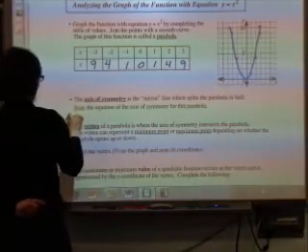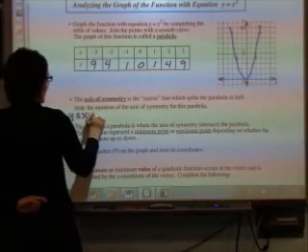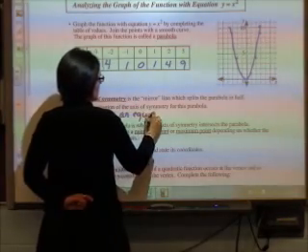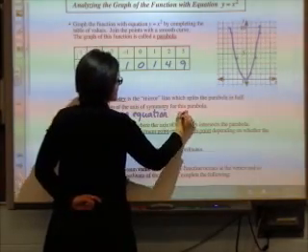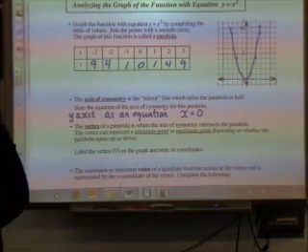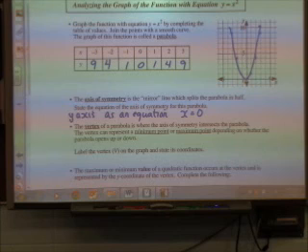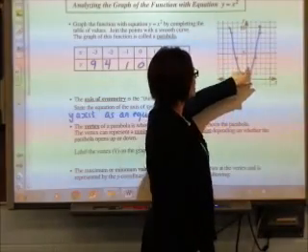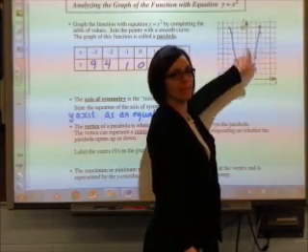So it's the y-axis, but as an equation, the y-axis is that x is equal to 0. That's the equation of the y-axis.